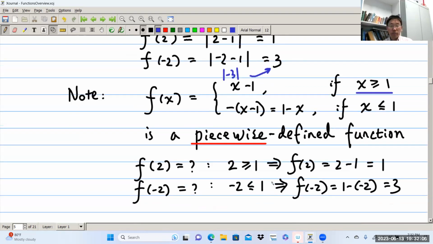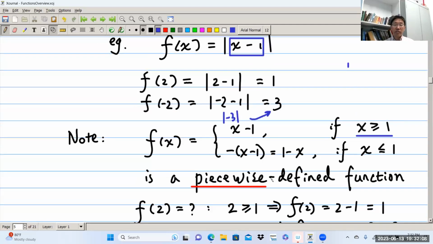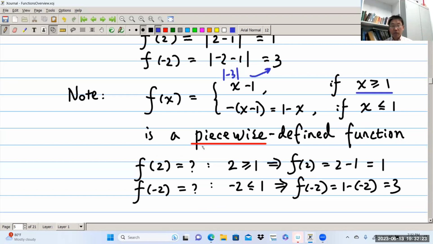So this function can be written in this piecewise manner. When x is greater than or equal to 1, f of x is x minus 1, because the absolute value of x minus 1 is just x minus 1 itself, as x minus 1 is positive or 0. However, if x minus 1 is negative, then the absolute value of x minus 1 is the opposite of x minus 1, so it's the negative of x minus 1, which is 1 minus x.